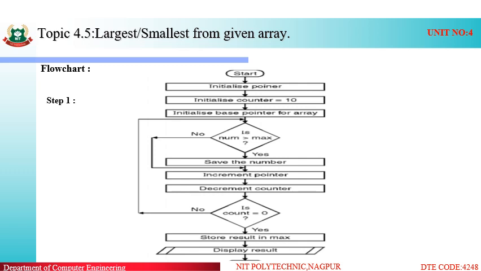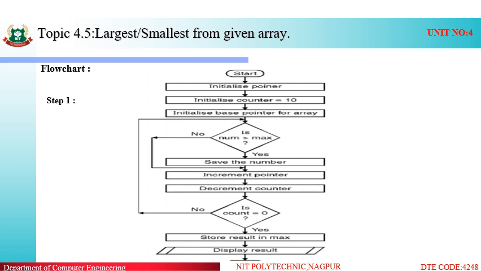Similarly, we have to use a counter. Suppose a given array contains 5 elements, so the counter will be 5. That means 5 times we have to iterate inside that array. Suppose the array size is 10 elements, so the counter will be 10. If the array size is 20 elements, the counter will be 20. That means we have to iterate through each element inside the array.